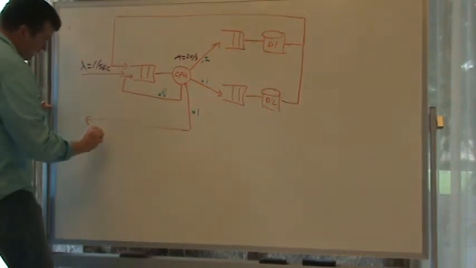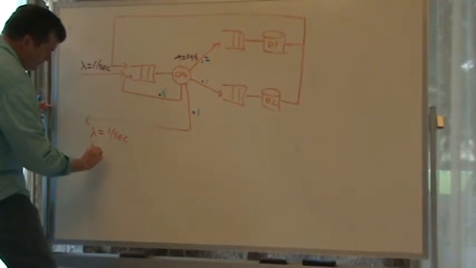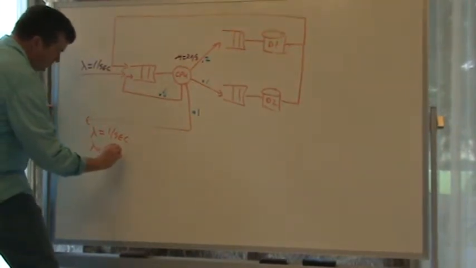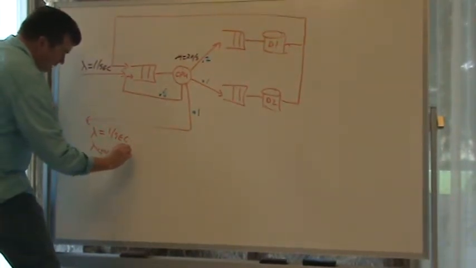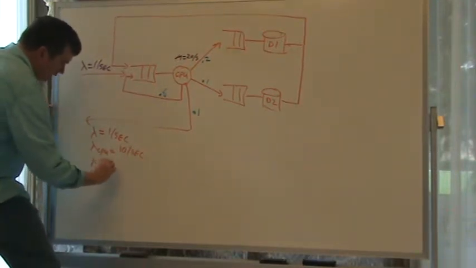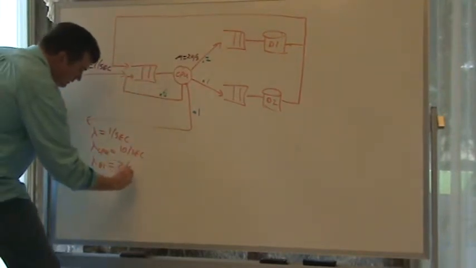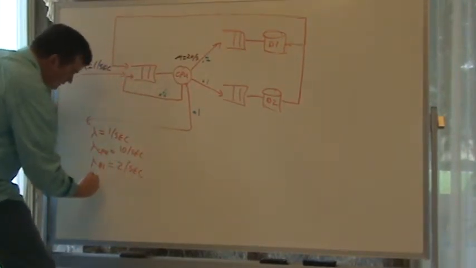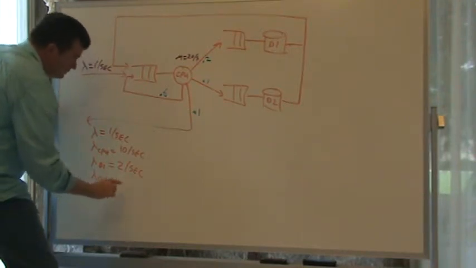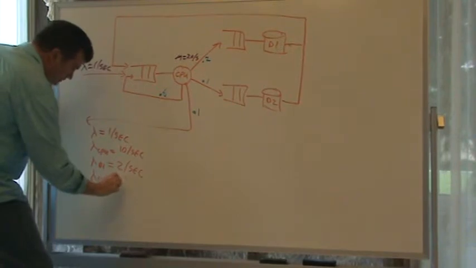So lambda of the outside world is 1 per second. Lambda to the CPU is 10 per second. Lambda to disk 1 is 20% of 10 per second, that's 2 per second. Lambda of disk 2 is equal to 10% of 10, which is 1 per second.